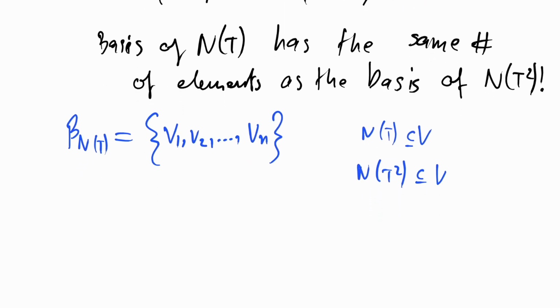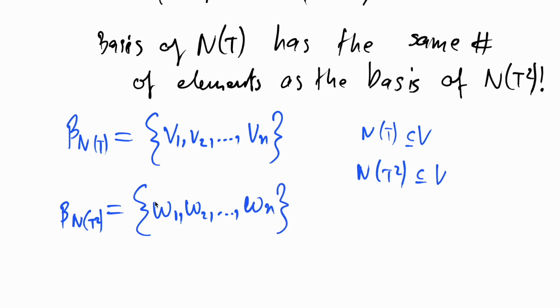So let this be the basis for NT, and let beta NT2 denote a basis for NT2, which also has n elements. I'm going to denote them with W1 up to Wn.